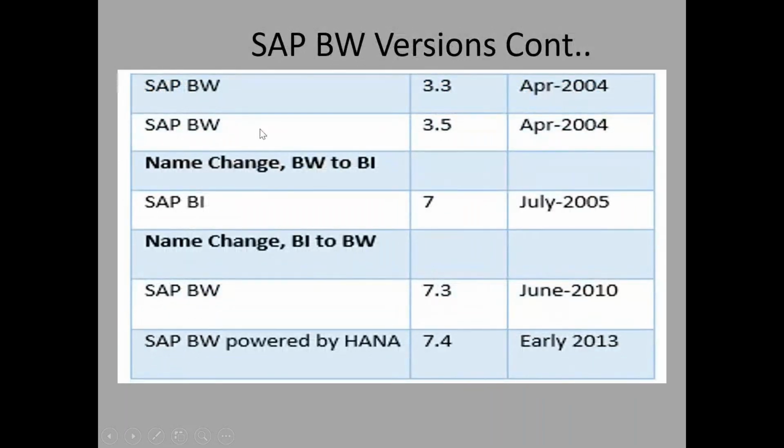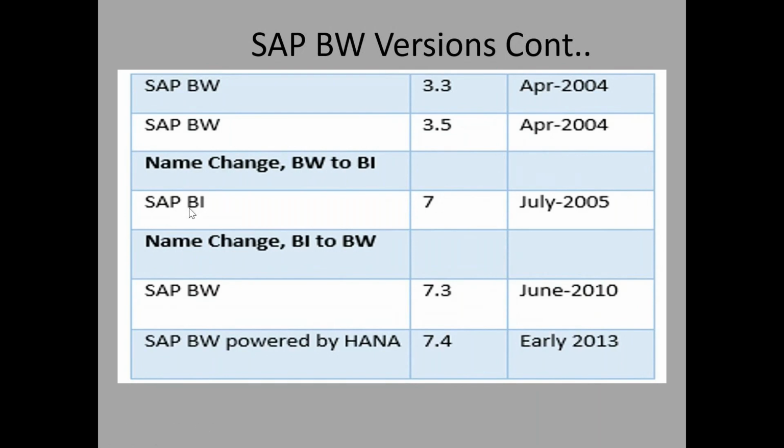After 3.x, they released the next version, 7.0, which was a major release and was fairly stable for some time. By then we started calling it Business Intelligence.